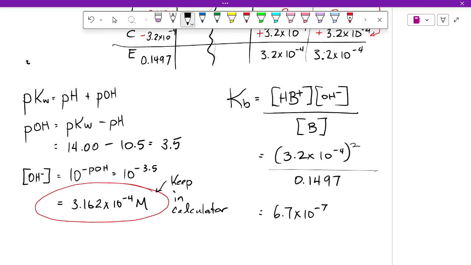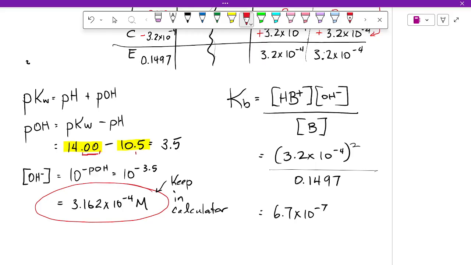How many sig figs should we have? This one's nasty. We have to go back and we say, what numbers were we working with? 3 sig figs. We were working with this. Oh. Okay. And here we've got 2 sig figs.